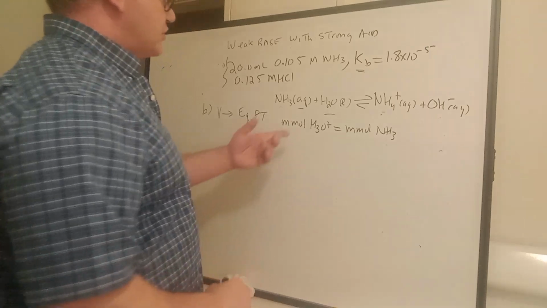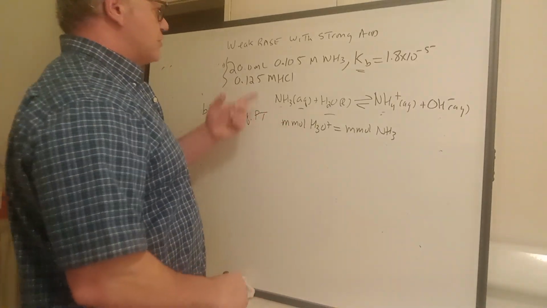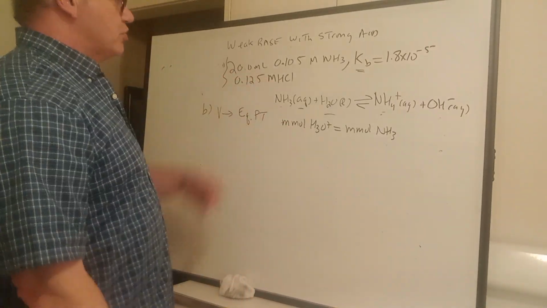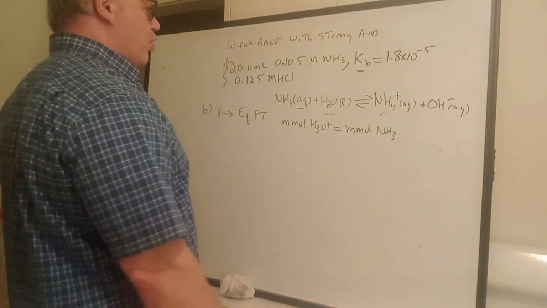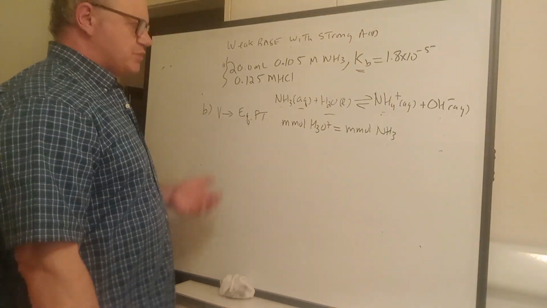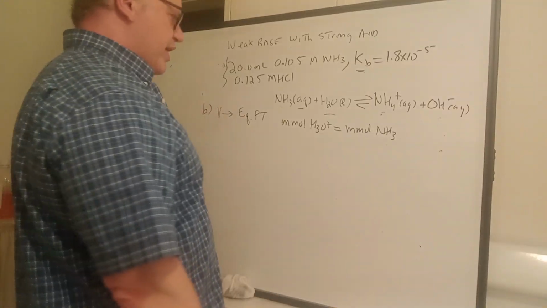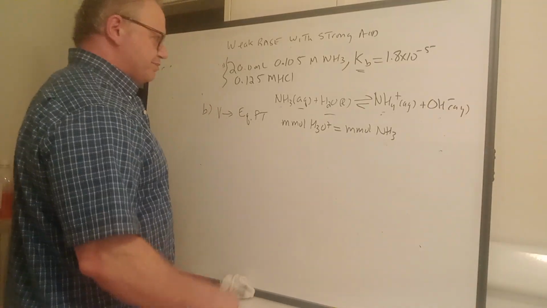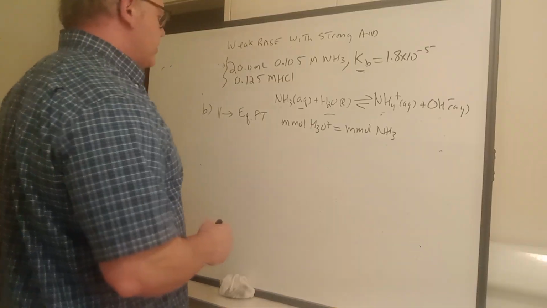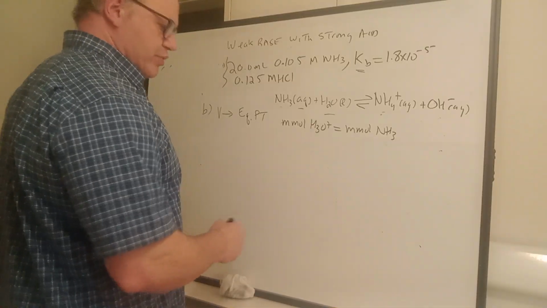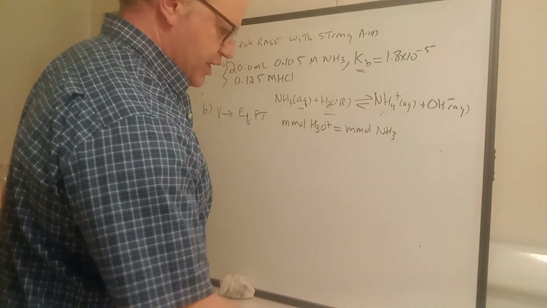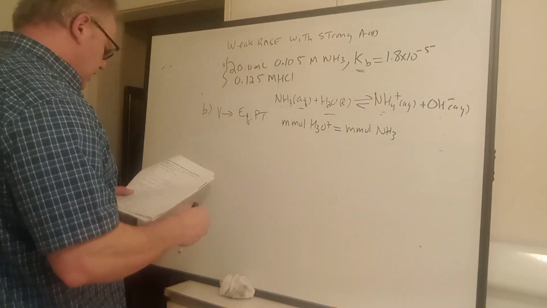You can think of the millimoles of H3O plus as the same as the millimoles of HCl, because this goes quantitatively in water to H3O plus and the chloride ion, or you can think of it as H plus and the chloride ion. Either way is fine, but to get the volume at the equivalence point, let's set up an M1V1 equals M2V2 type calculation.